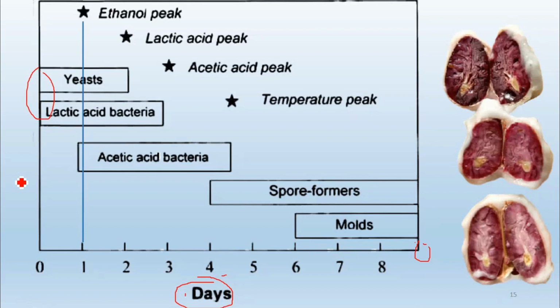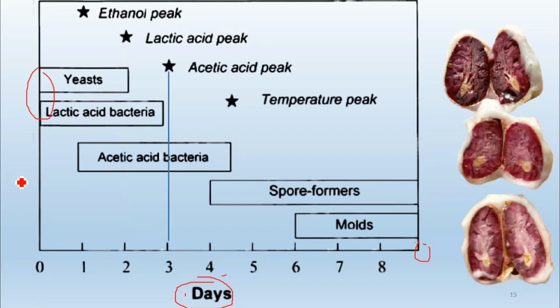The yeast and LAB, they are producing ethanol, and ethanol would reach its peak on the first day. And then comes the lactic acid. We know we have LAB or lactic acid bacteria. Both the first two agents are producing lactic acid, and lactic acid will hit its maximum amount on the second day.